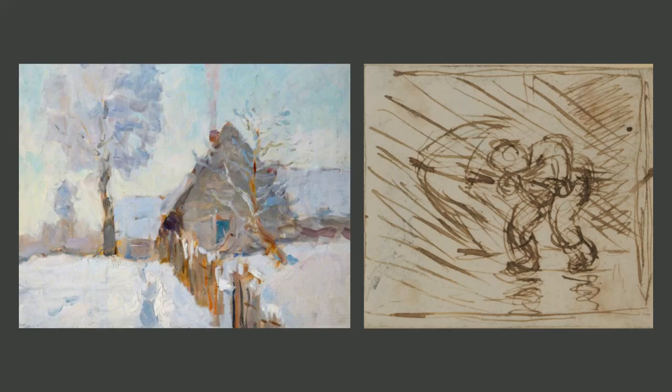If you just had a figure holding up an umbrella, you would miss that idea of the stormy wind. As artists, you have to give the viewer some sort of information that they can understand and try to understand what's happening in the picture.